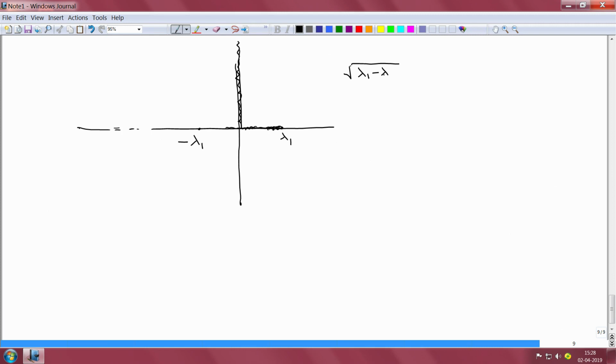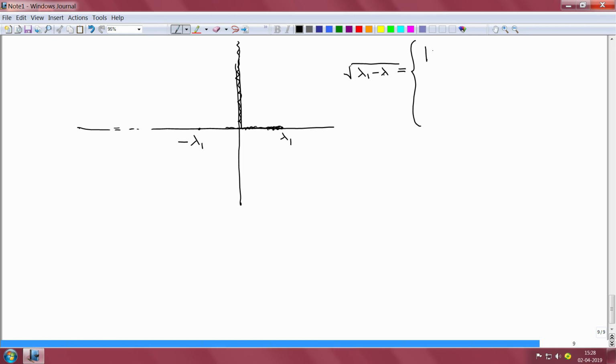Why is it so? Because this is what I do for square root of lambda 1 minus lambda. I change the definitions now to satisfy the non-blowing up condition in the z direction.